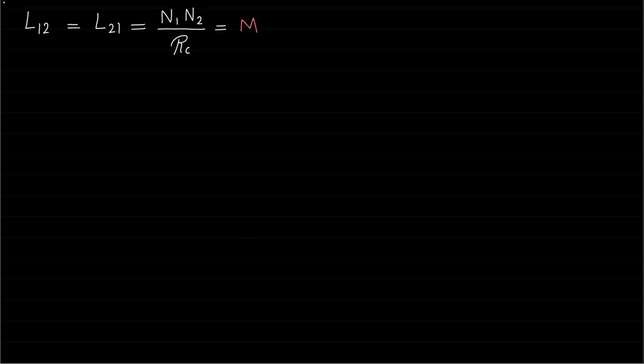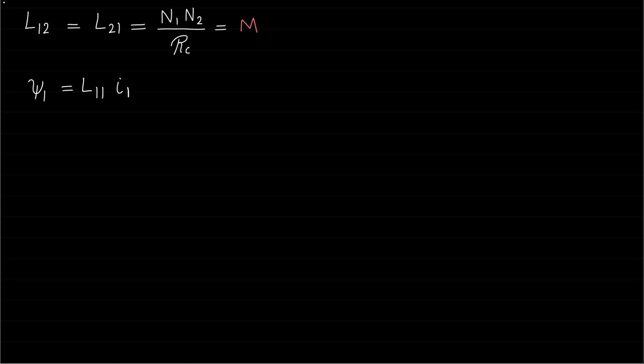Since L12 equals L21 and equals N1 N2 over RC, we can represent the mutual inductance by a capital letter M. Therefore, the magnetic field linkage equations can be represented as follows.